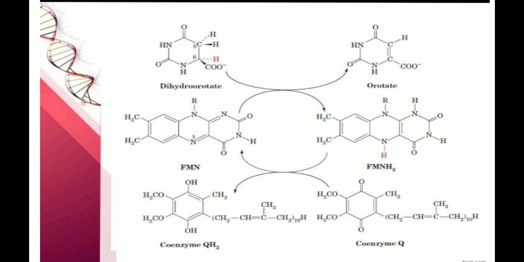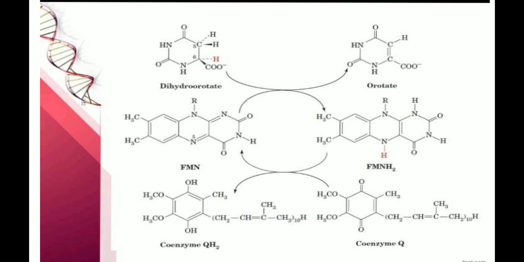As I told you, of these 6 enzymes that are used to catalyze all of these reactions in de novo biosynthesis, one enzyme, which is a eukaryotic enzyme, contains FMN, that is flavin mononucleotide.